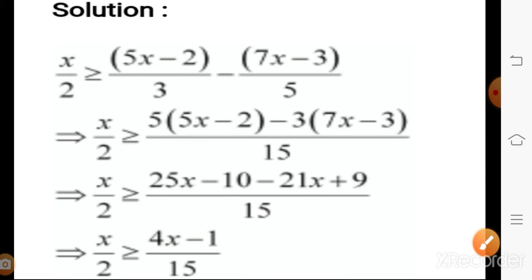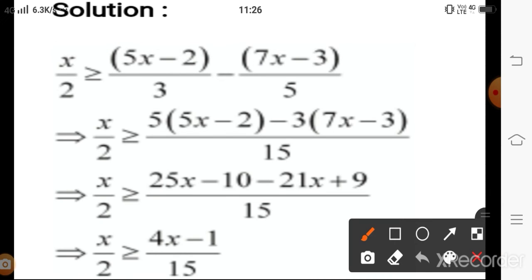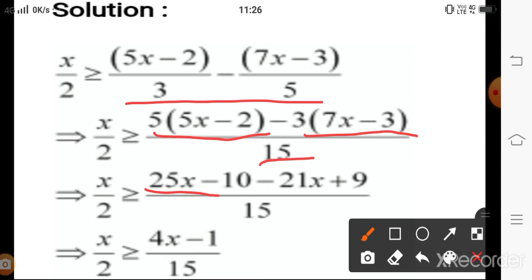On taking the LCM of 3 and 5, on the right hand side we get 15, and in the numerator 5 into (5x minus 2) minus 3 into (7x minus 3). Solving this, we get (25x minus 10 minus 21x plus 9) upon 15. On combining like terms, 25x minus 21x gives 4x, and minus 10 plus 9 gives minus 1, so we have (4x minus 1) upon 15. Then x upon 2 is greater than or equal to (4x minus 1) upon 15.